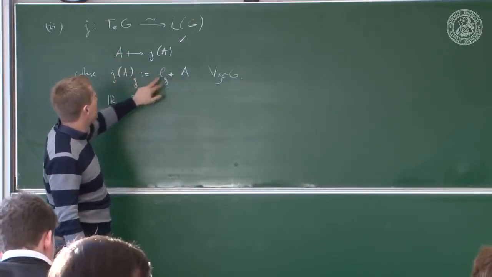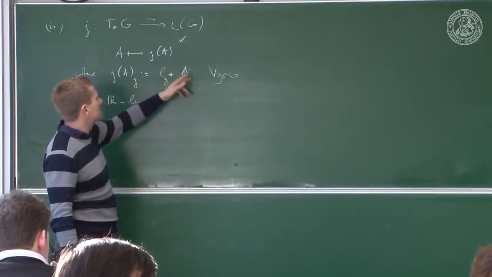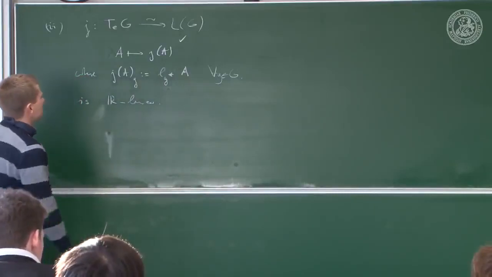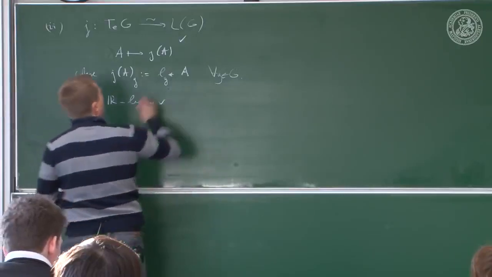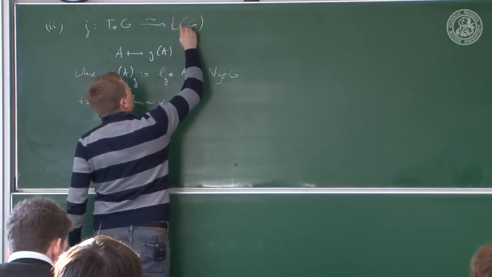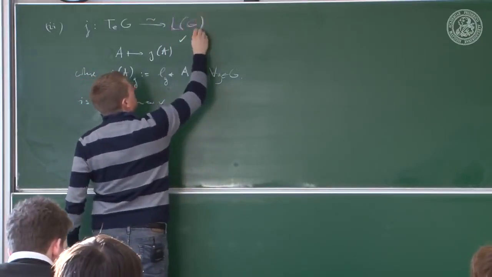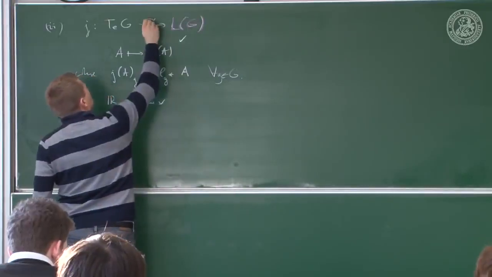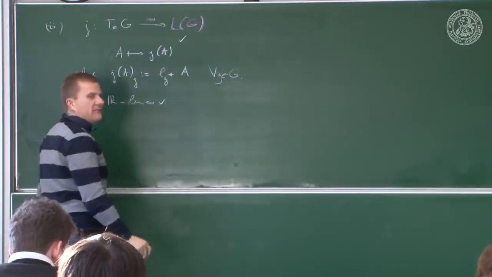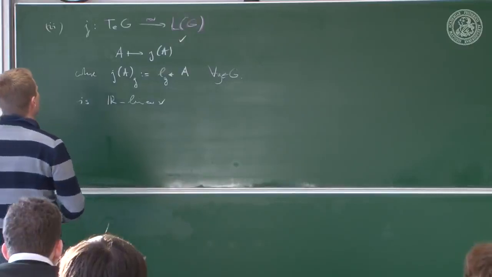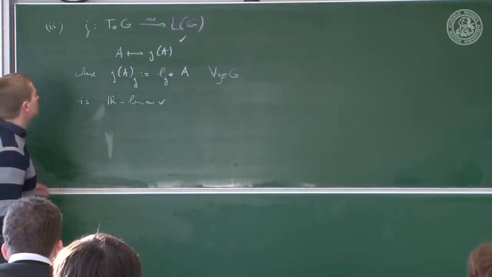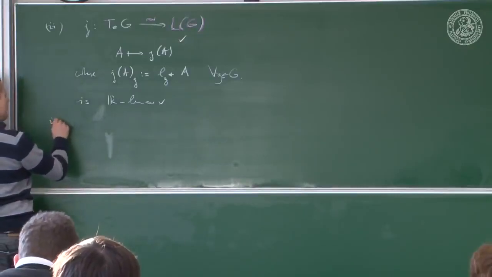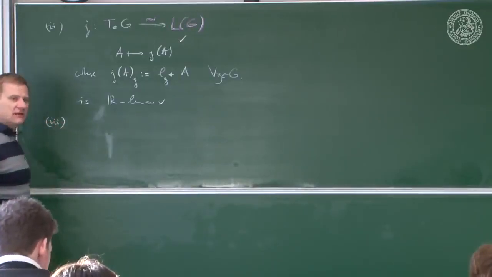So A plus B leads to L_G star A plus L_G star B. So certainly it's R-linear. So in number 1, we verified that indeed the target is the left invariant vector fields, and now in 2, we verified that in fact it's a linear map. It remains to be shown that it's invertible, so that it's an isomorphism, or that it's injective and surjective.